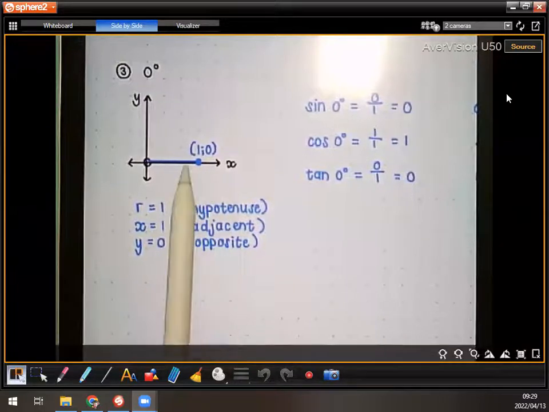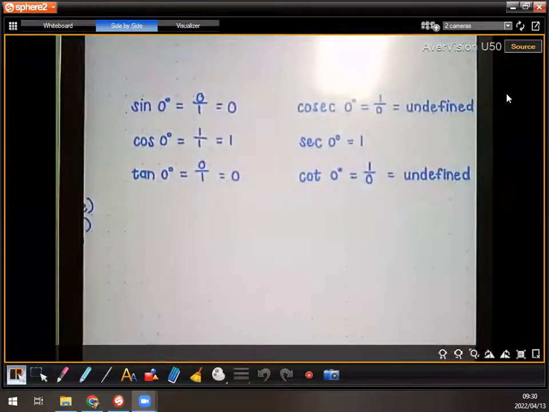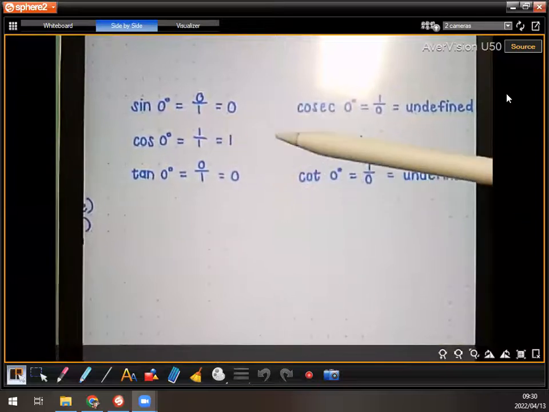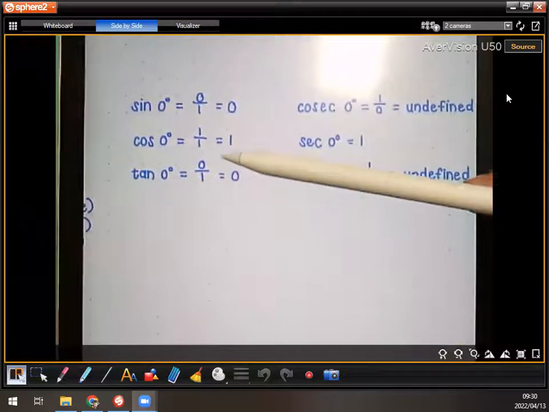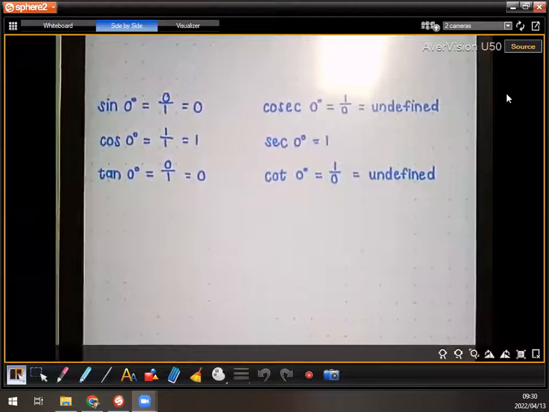So I'm just saying, if you used a different point and then calculated all of these ratios, you would get the same answer because you would have 0/3, which is still 0. You would have 3/3, which is still 1. And you would again have 0/3, which is still 0. Okay, so we work with the simplest possible point, 1-0. Why not? Why complicate things? Let's use the easiest point to work with, 1-0. A point on the x-axis.